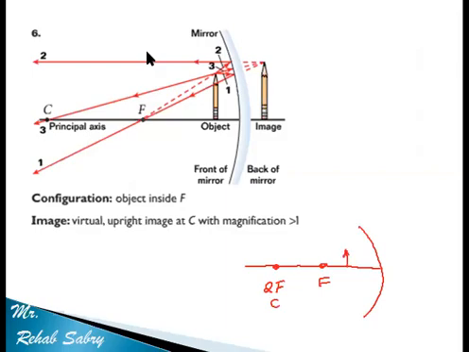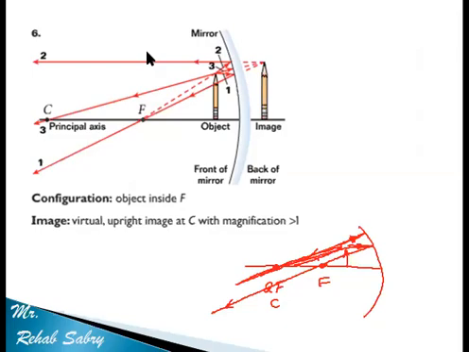This is the first ray, parallel, so it will go through the focus. The second ray is through C. Why C? Because it's difficult to sketch otherwise; along C, it will reflect along itself.